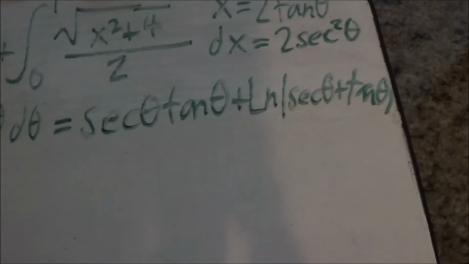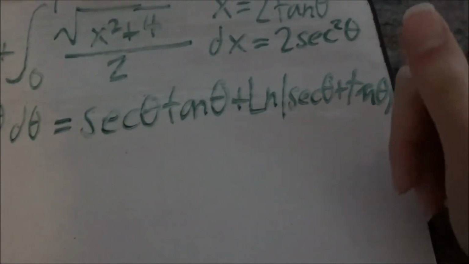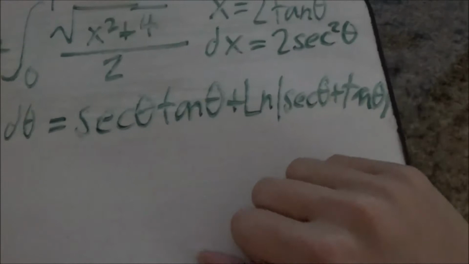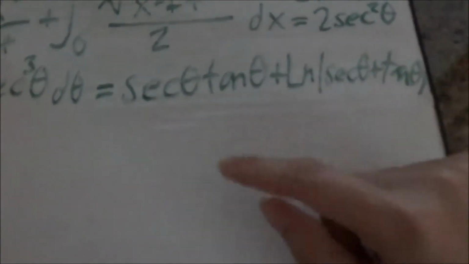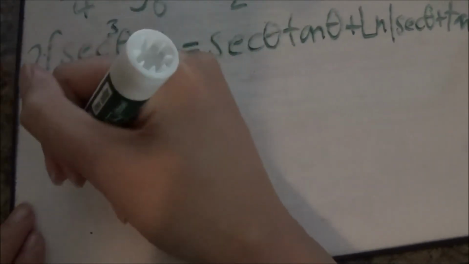So now that we got that, you plug it back into the x world. I don't like doing the Pythagoras method where you draw a triangle and then do whatever. I don't like that. So I'm just going to write it trigonometrically.